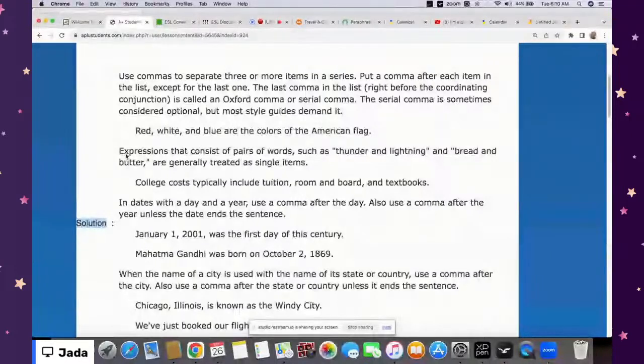Okay, so when you have September 25th, you put a comma before the year. And if you still have to go on with the sentence, you put a comma after the year, just like this here. And if the year is the last, you don't need to put a comma, just put a period, that's all.